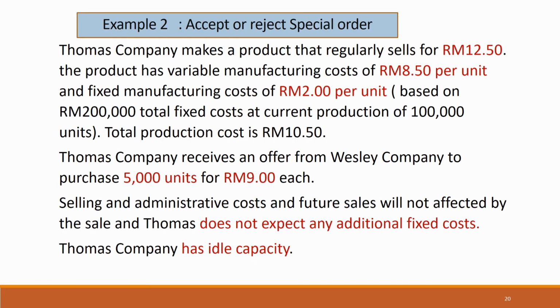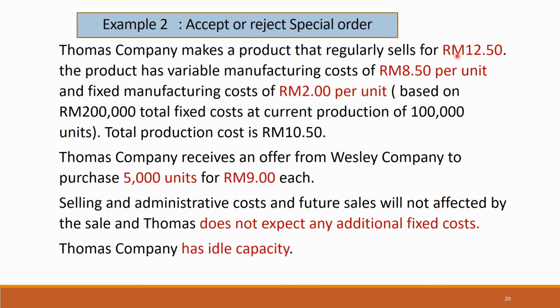Okay, now we look at example number 2. Accept or reject special order. Thomas Company makes a product that regularly sells for RM12.50, or 12 ringgit and 50 cents.